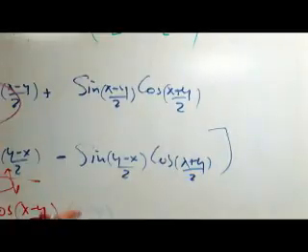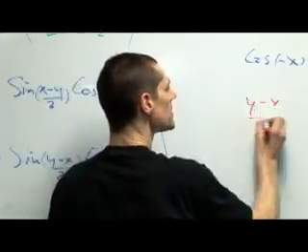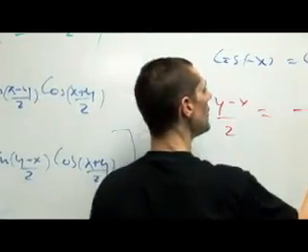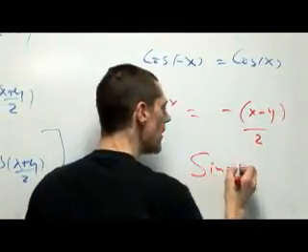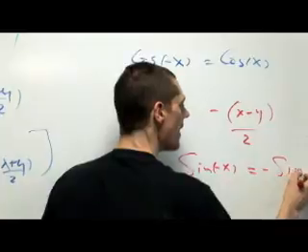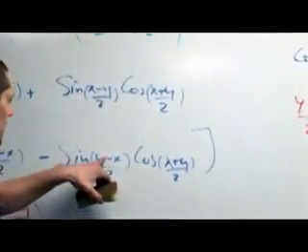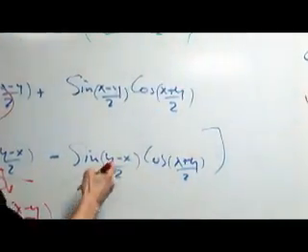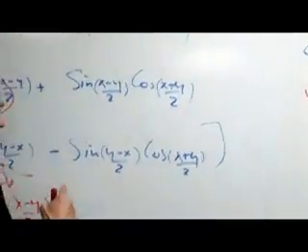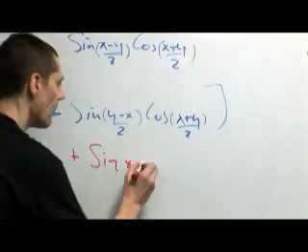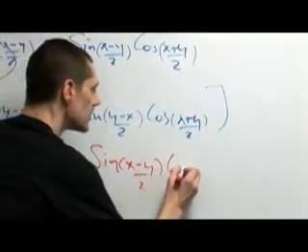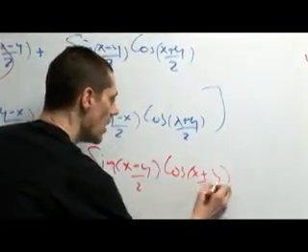I got a minus sign. (y minus x)/2 is the same as negative (x minus y)/2. But sine of negative x equals negative sine of x. This negative sign is going to come out of here. This will become minus minus, or plus, sine of (x minus y)/2 times cosine of (x plus y)/2.